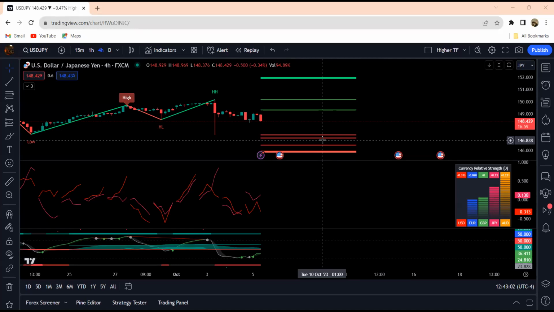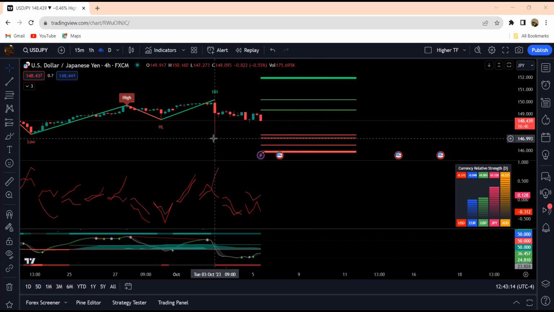Then we can talk about risk to reward, things like that. We'll try not to make the video too long, as I want to make sure you get the important pieces out of it. So the first screen we're looking at is my higher time frame screen.